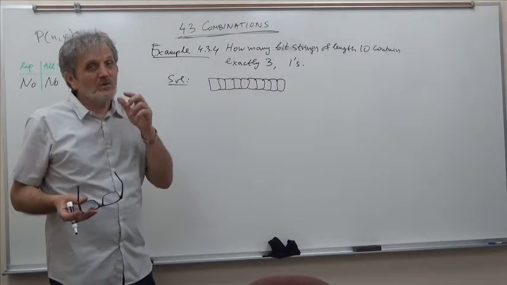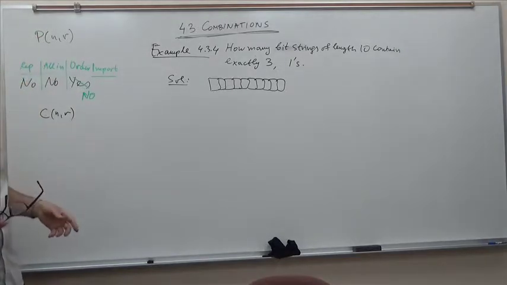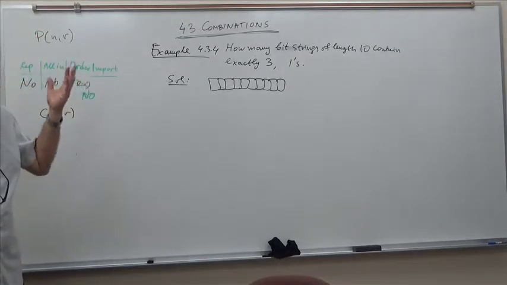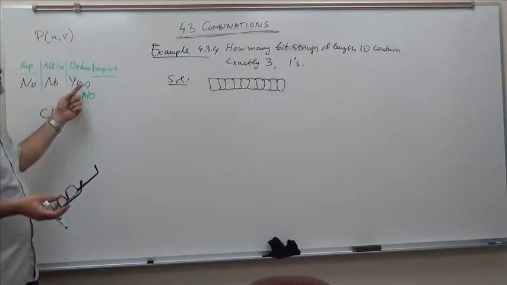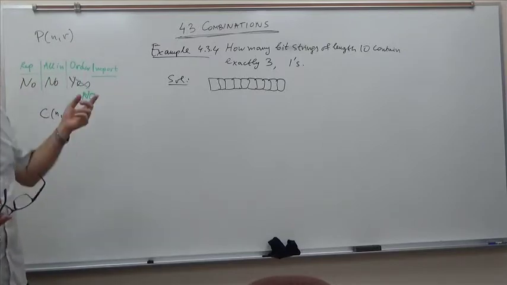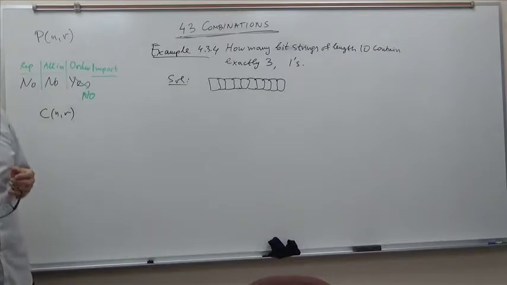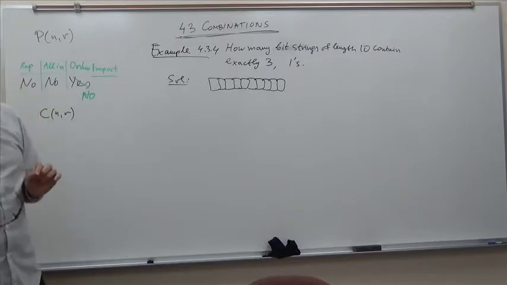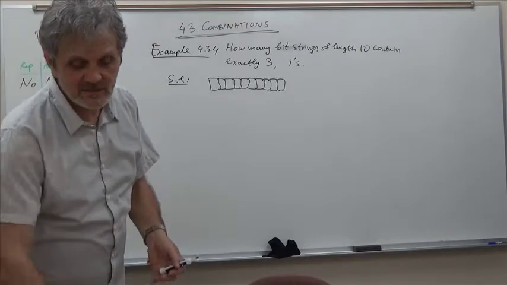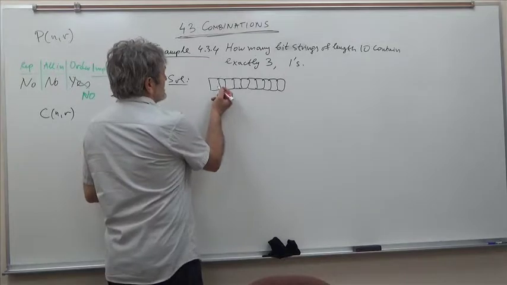But basically, we have tons of repetitions here, so we cannot use our C(n,r) formula or P(n,r) formula. One would say it should be P(n,r), but there are tons of repetitions, so we cannot use any of our formulas. Actually, if you rephrase the question, then the answer comes very easy.